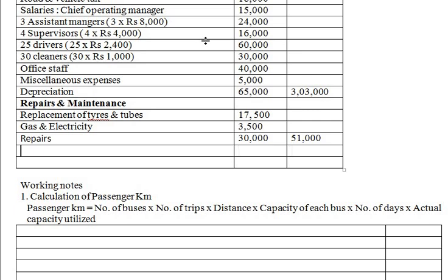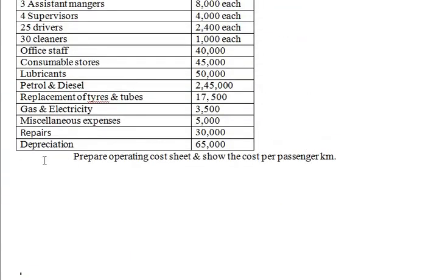Now next is running or operating expenses or charges. Again, whatever we have marked for the third point, all those expenses will come here. Go through the problem. Here, consumable stores, lubricants.